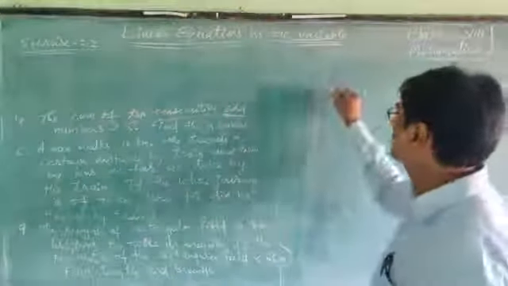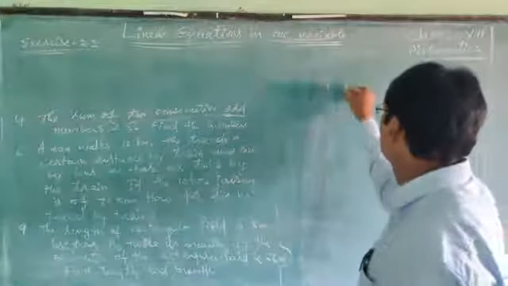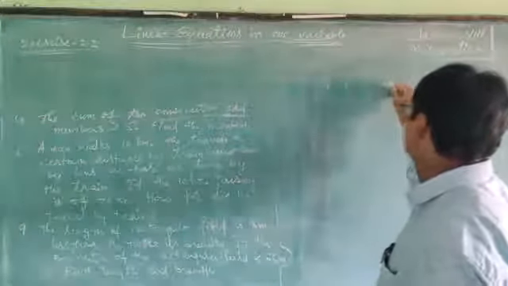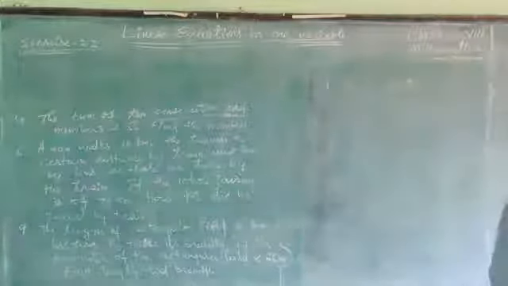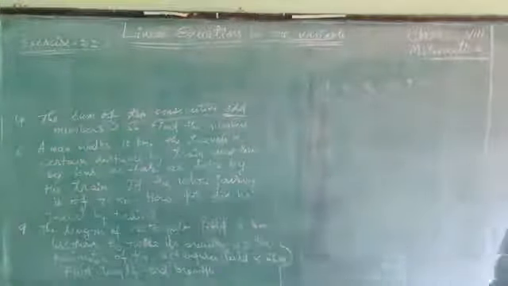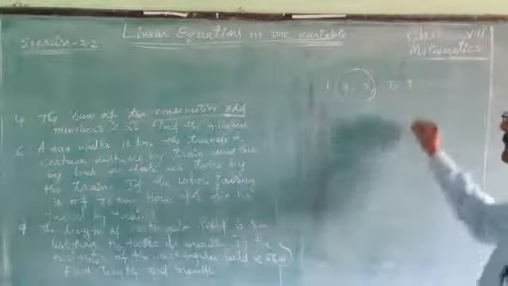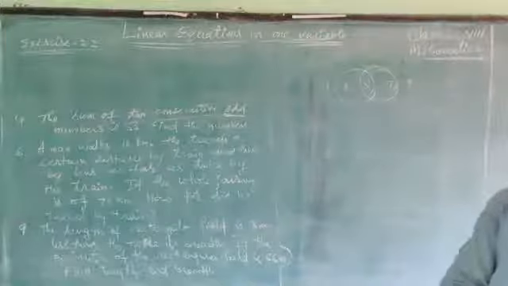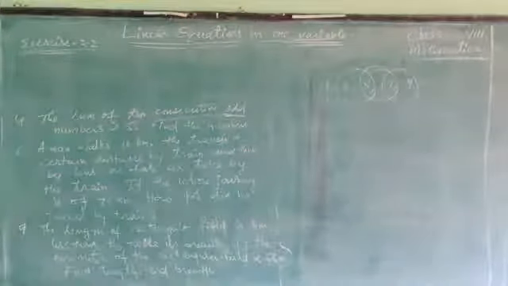For example, observe the odd natural numbers: 1, 3, 5, 7, 9. These two are consecutive, 3 and 5. These are consecutive, 5 and 7. These are consecutive odd numbers, 7 and 9.